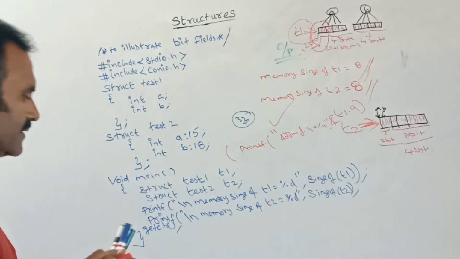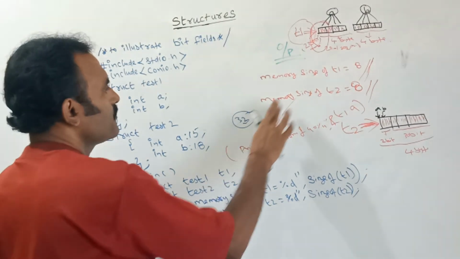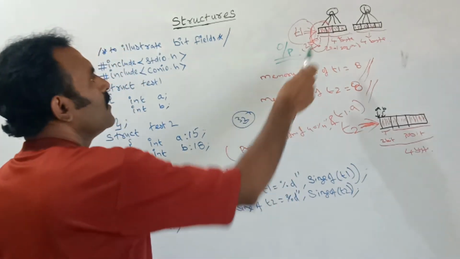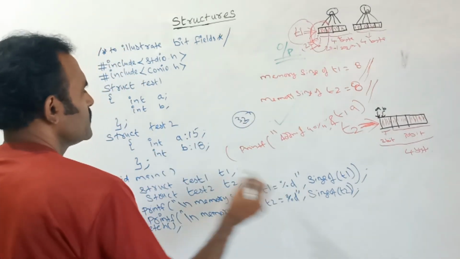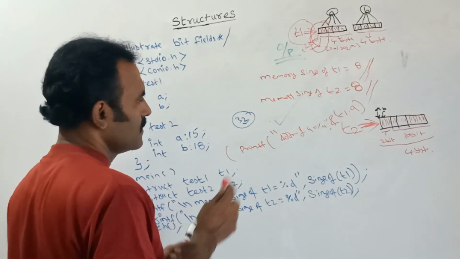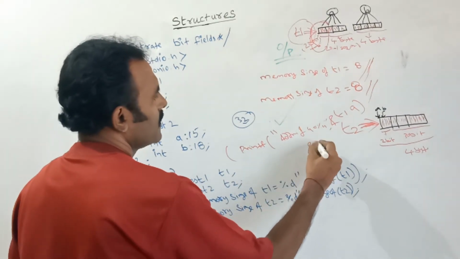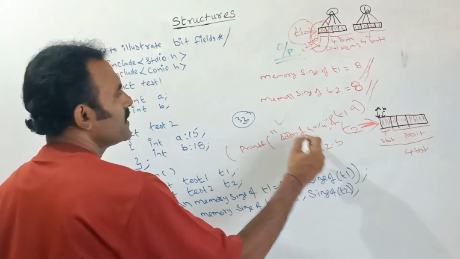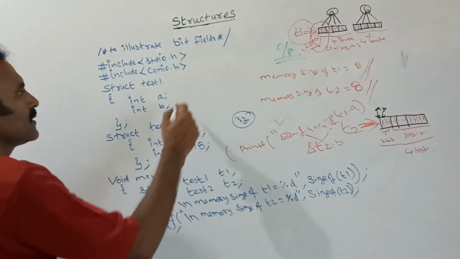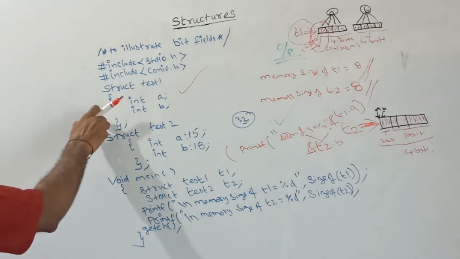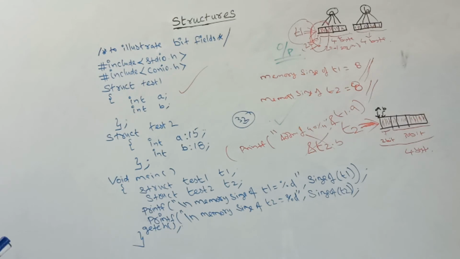This one is right. We can print the address of this T1. But if you are using T2.A here, we can't print this address. This one is wrong. So the address can be printed for a structure member only, not for a bit field member.